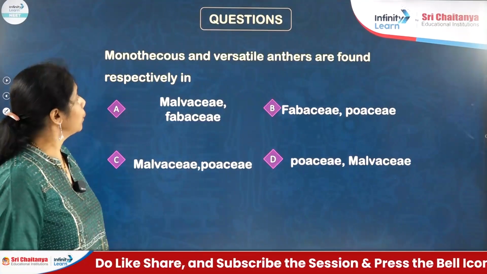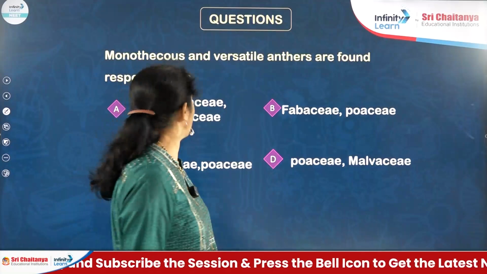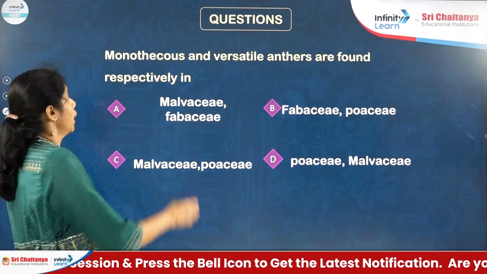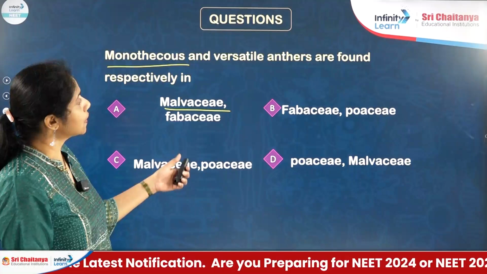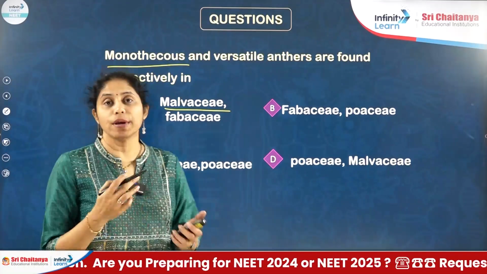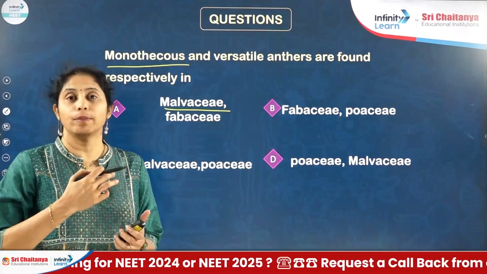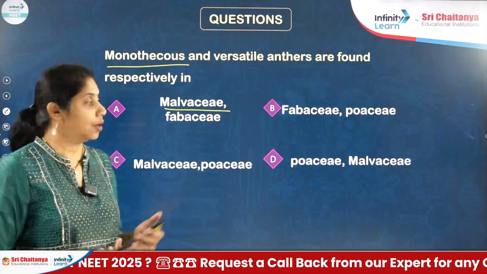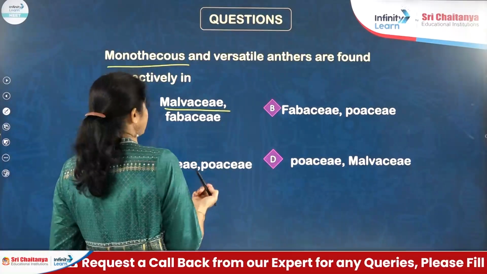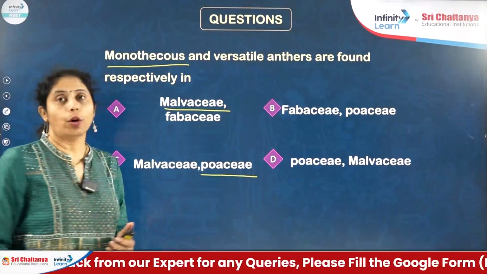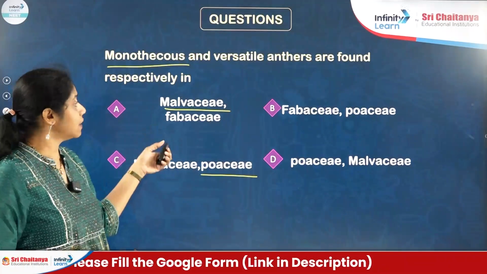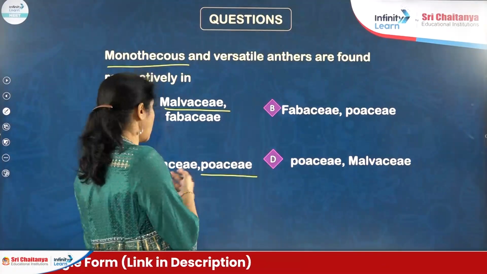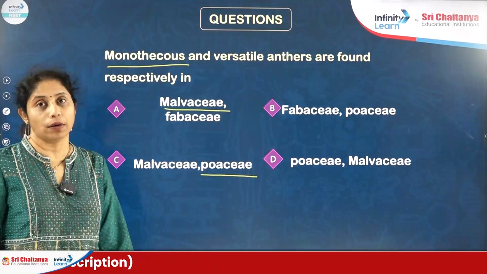Next one, monothecous and versatile anthers are found respectively in. Monothecous anthers are present in Malvaceae. Versatile means they hang in the air and can move freely in any direction. They are present in the Poaceae family. The options are Malvaceae, Fabaceae; Fabaceae, Poaceae; Malvaceae and Poaceae; Poaceae and Malvaceae.